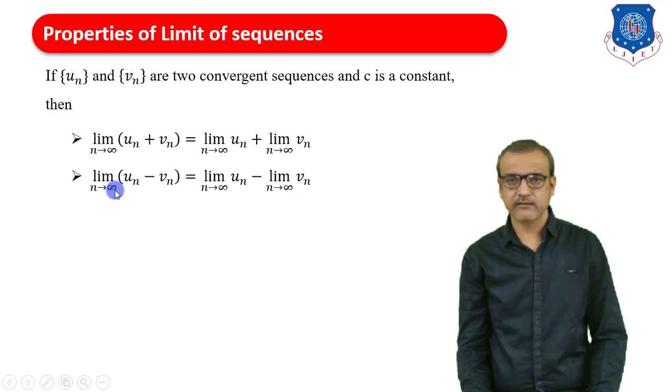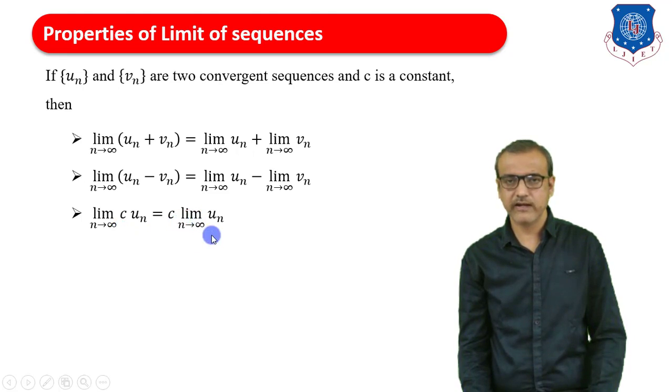Second property is limit n tends to infinite (un minus vn) equals limit n tends to infinite un minus limit n tends to infinite vn. Third one is limit n tends to infinite c un, where c is a constant value. Now you can write this c outside of limit. So this is equals to c into limit n tends to infinite un.